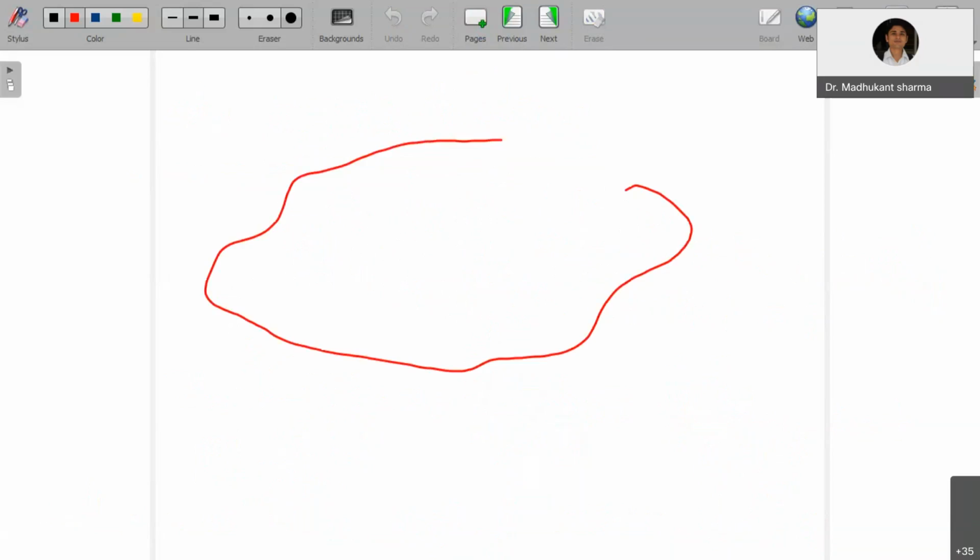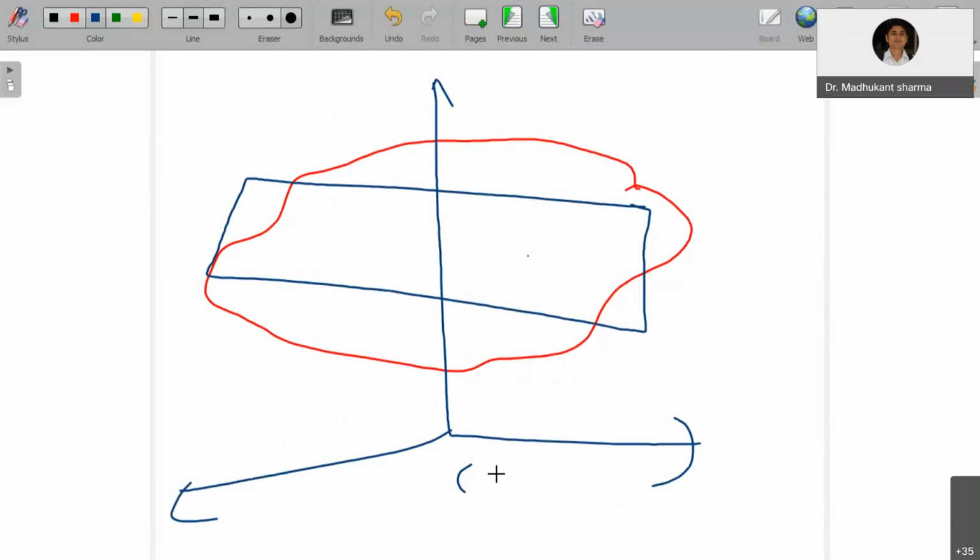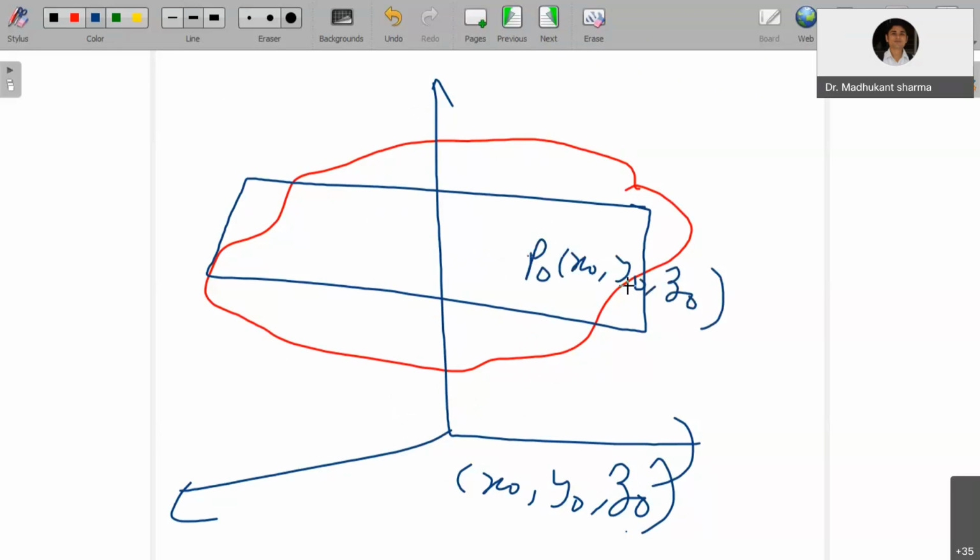You have a surface and you have a plane, and on the domain you have the point x naught, y naught, z naught. So here p naught is x naught, y naught, z naught, and you identify any point here x, y, z.